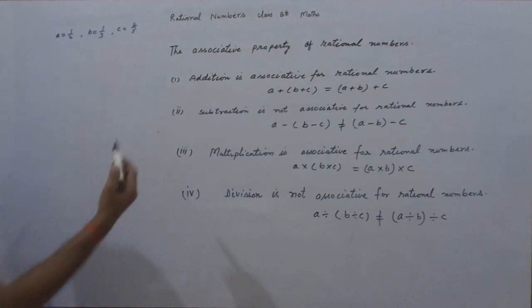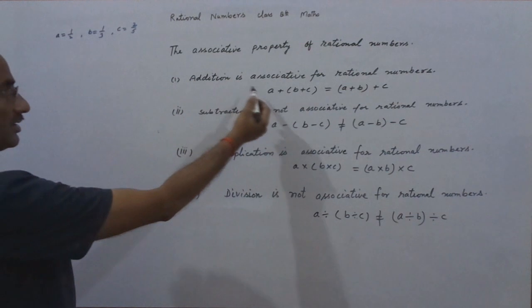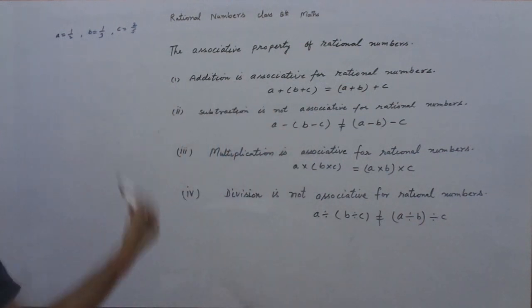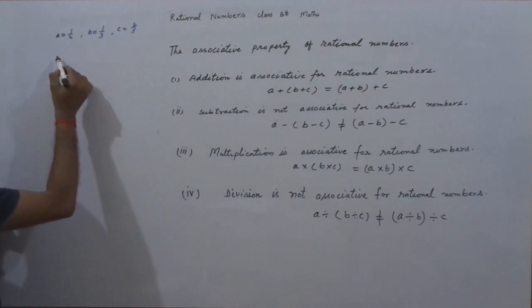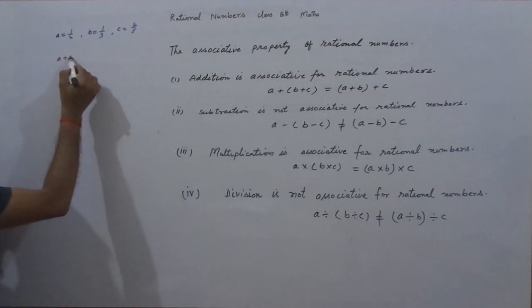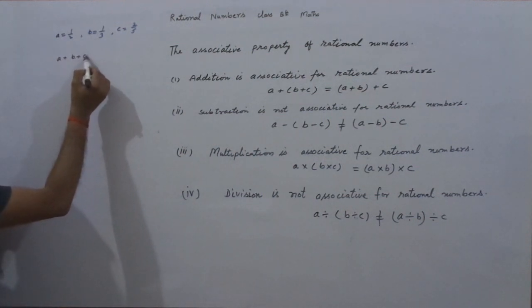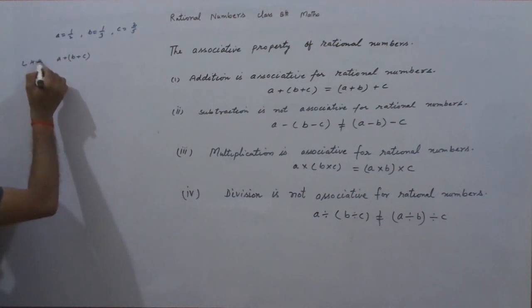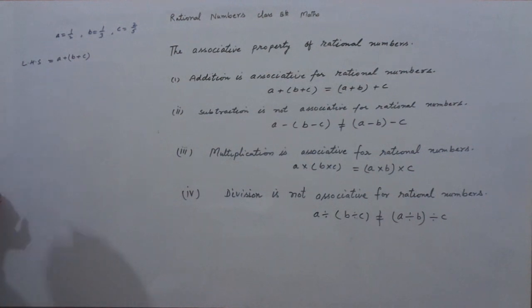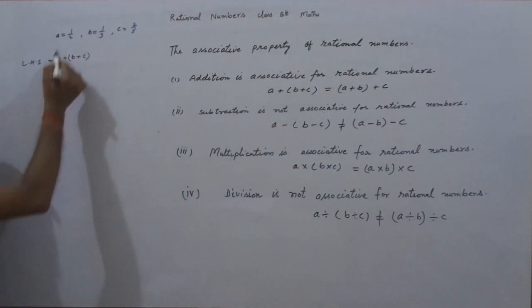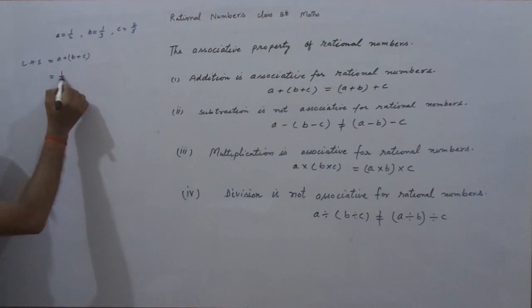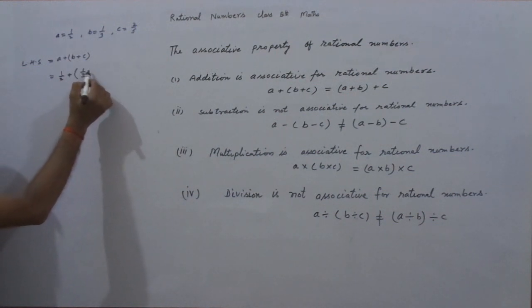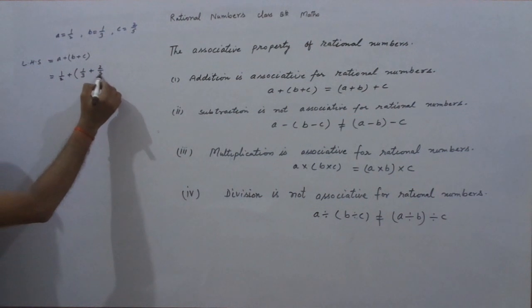Let's check that addition is associative for rational numbers. Taking the left hand side, we have (a + b) + c. Putting the values of a, b and c, we get 1 upon 2 + (1 upon 3 + 2 upon 5).